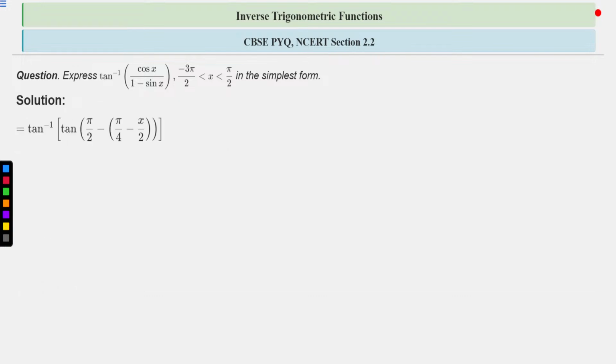So further we can write it as tan inverse tan of pi by 2 minus pi by 4 minus x by 2, right, and it will be equal to tan inverse tan of pi by 4 plus x by 2, which we can write as pi by 4 plus x by 2, right, because we know that tan inverse tan theta is basically theta. Clear? So the correct answer will be pi by 4 plus x by 2.